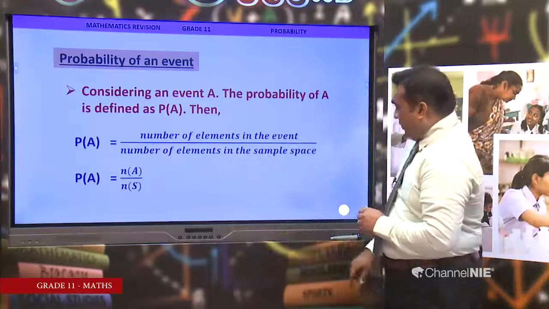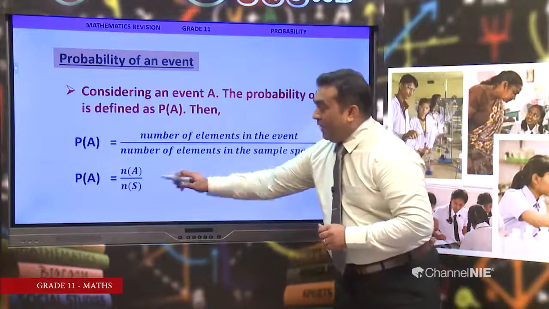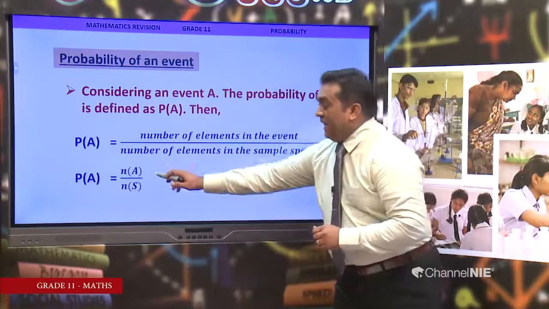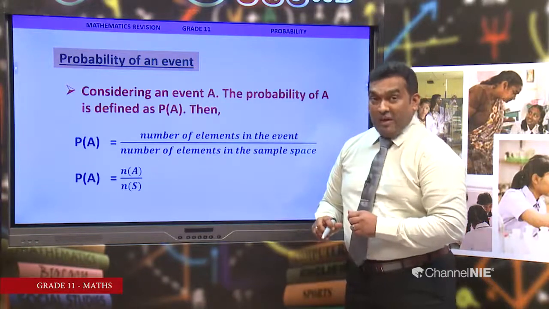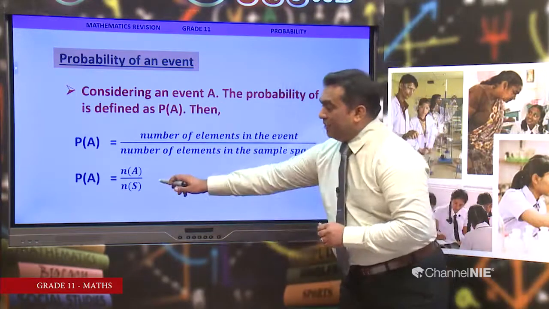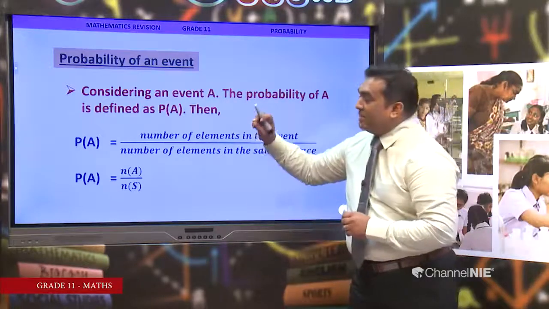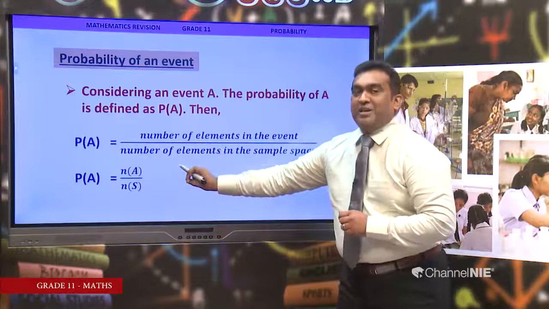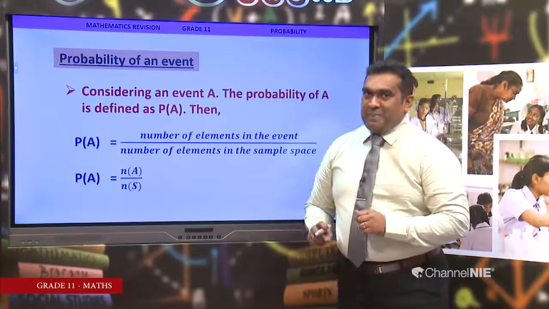P(A) is defined as N(A) over N(S). N(A), the number of elements in set A, is divided by the number of elements in the sample space. This is the theoretical definition of the probability of event A.